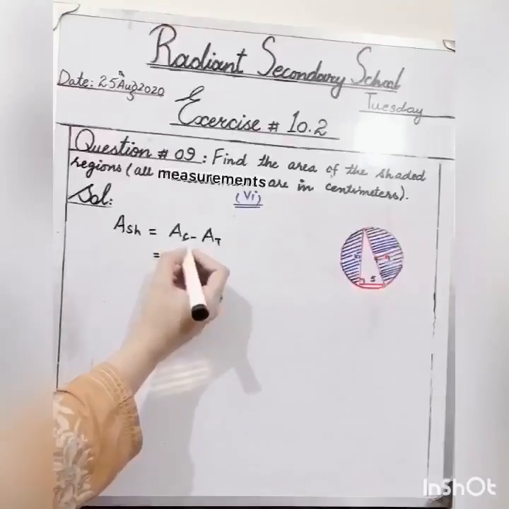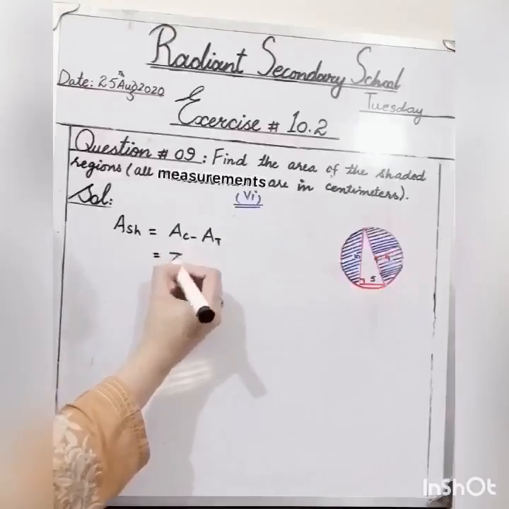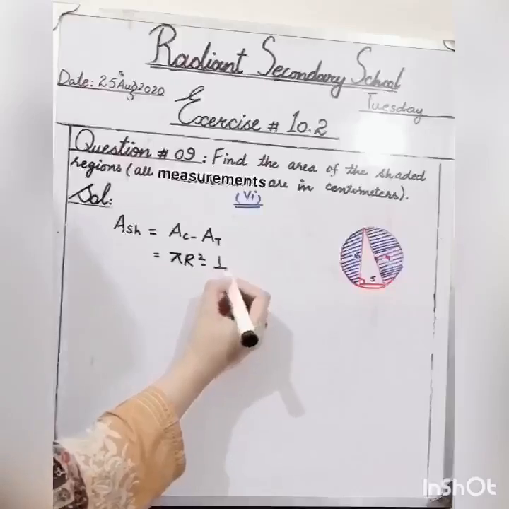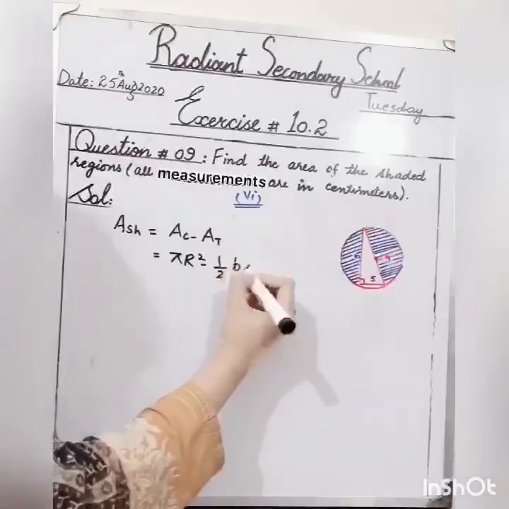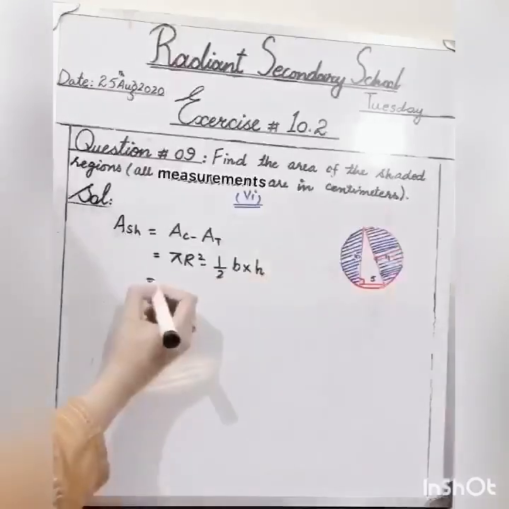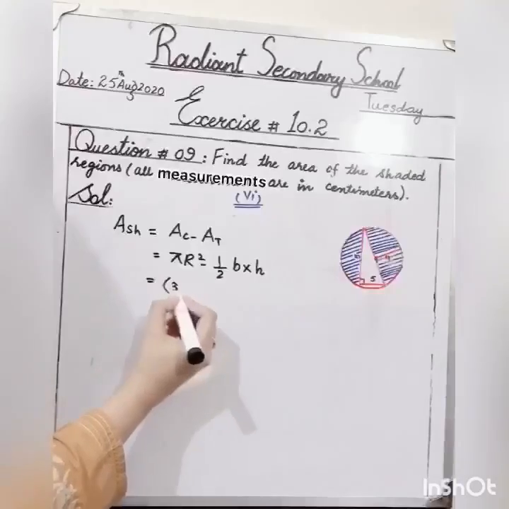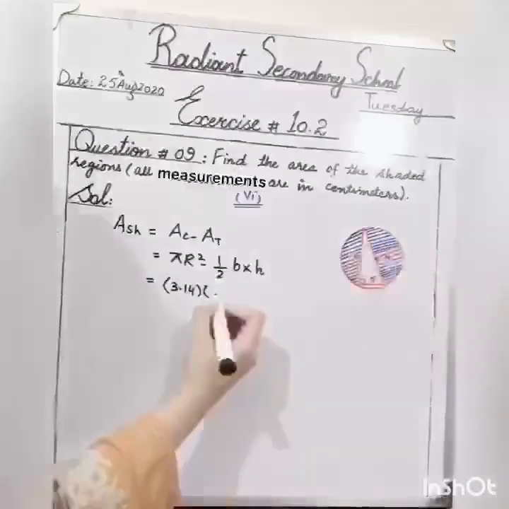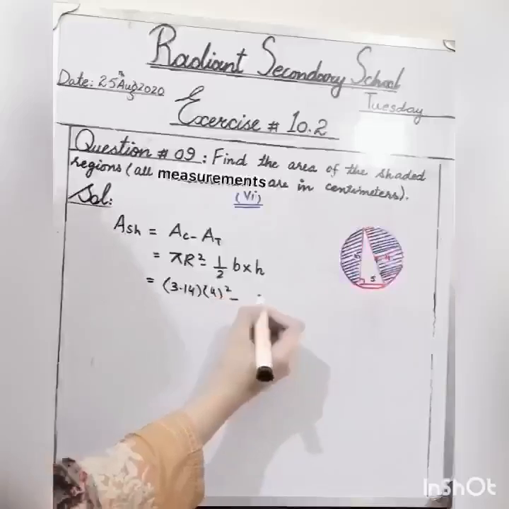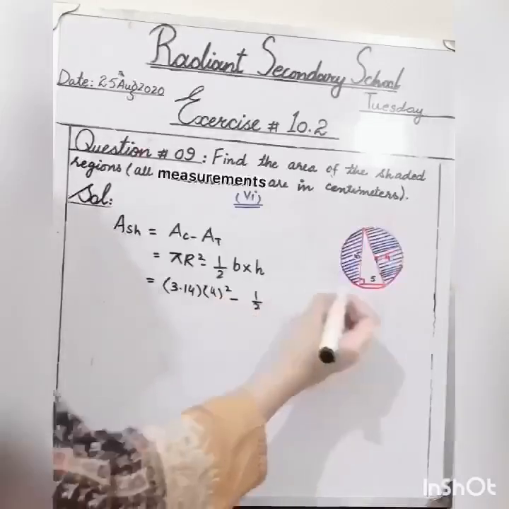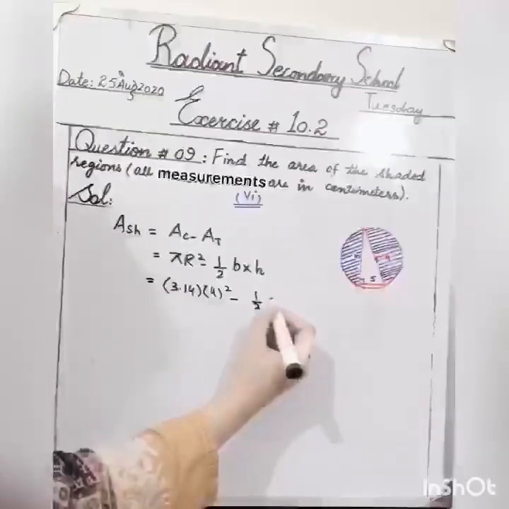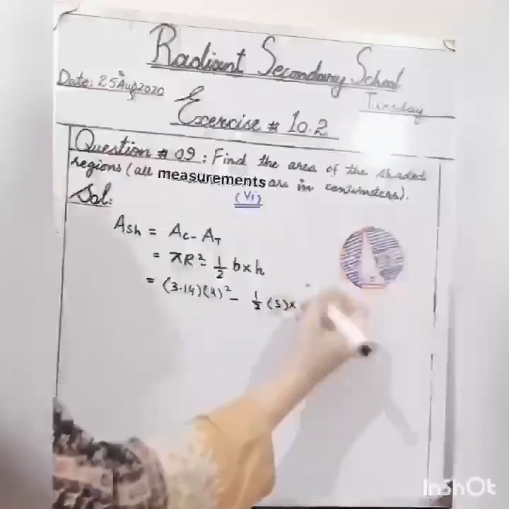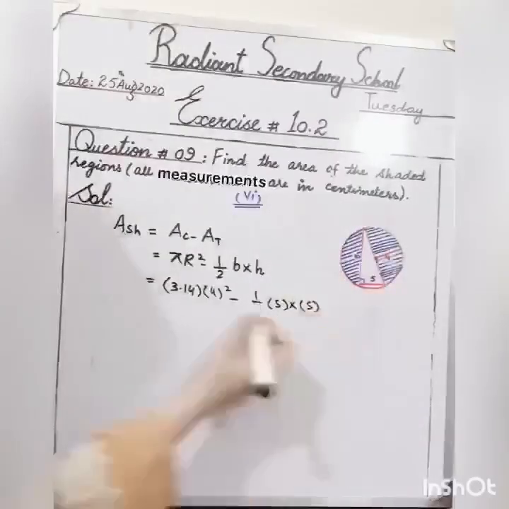The area of circle is pi r square and the area of triangle is half of base into height. The value of pi is 3.14. Here the radius is 4, minus 1 by 2. Here the base is 5 and height is also 5.